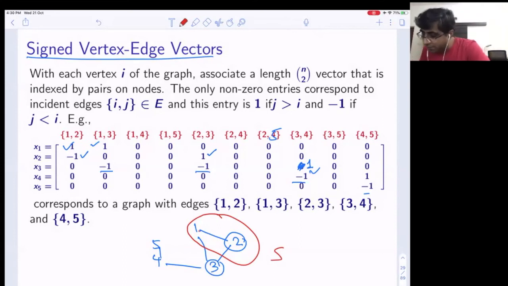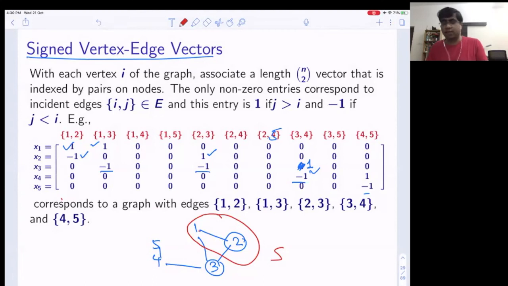So when you sum the vectors, first of all notice that every column has just 2 entries, one 1, the other -1. Is that clear? For every column there are only 2 entries, one is 1, the other is -1. So if there is an edge inside and I sum up the corresponding vectors, it will appear once as 1, other as -1, so they will cancel out each other.